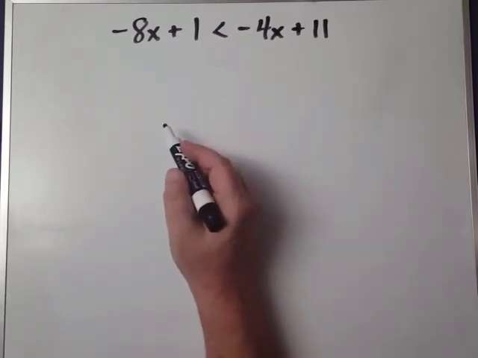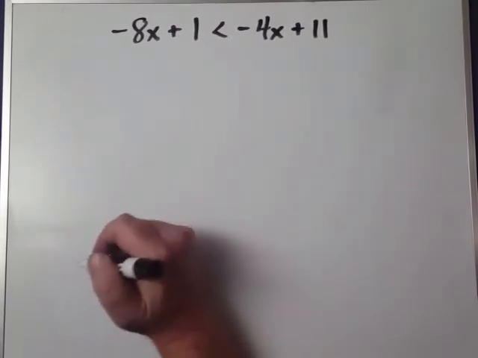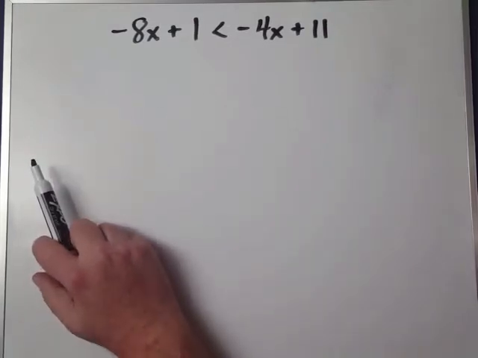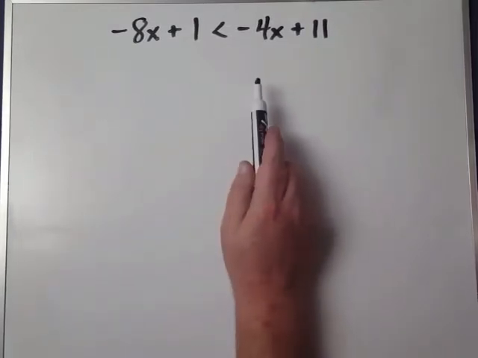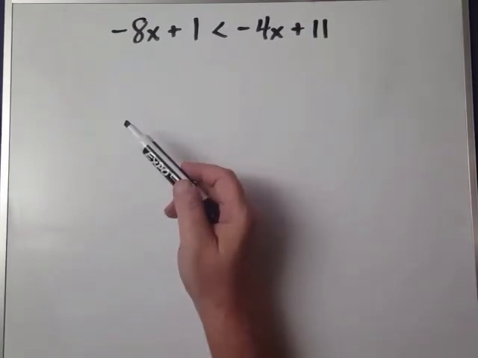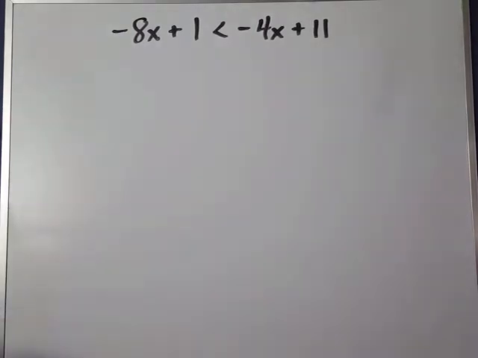Simplify both sides. That's already done. Get x on one side. I want to work this problem two different ways for you. I want to first bring my x's to the left and see what I get, and then start over, and next time take my x's to the right.